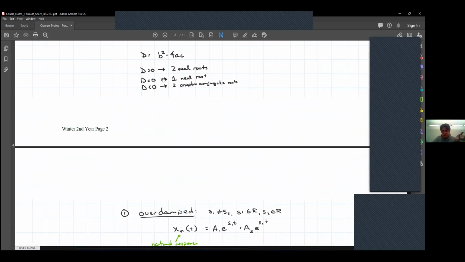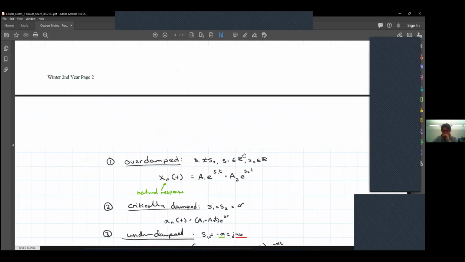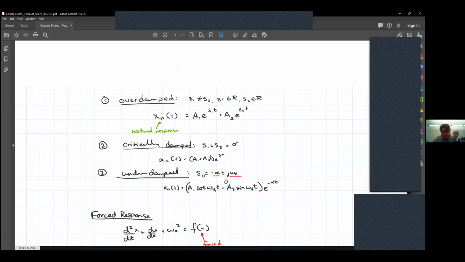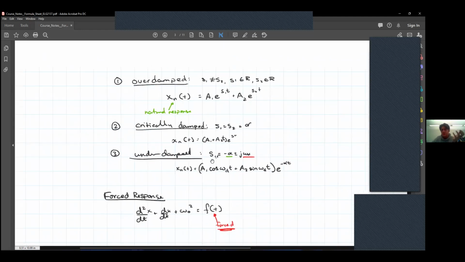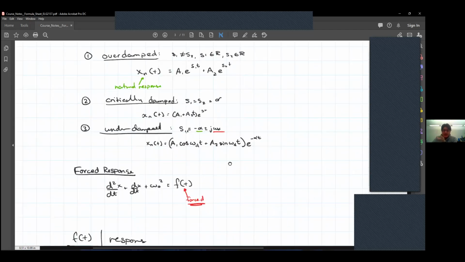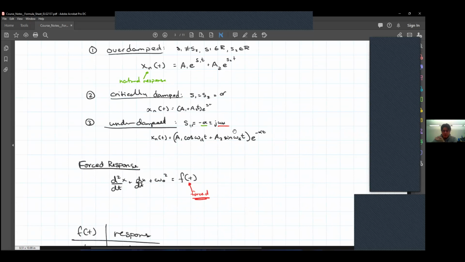So that'll be when your discriminant is 0 and you have a single real root. And underdamped is when your two solutions are complex conjugates, so they are a real value plus or minus an imaginary value. In which case, this is the sort of form of your natural response.